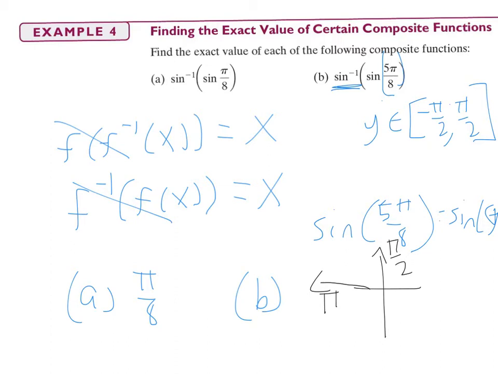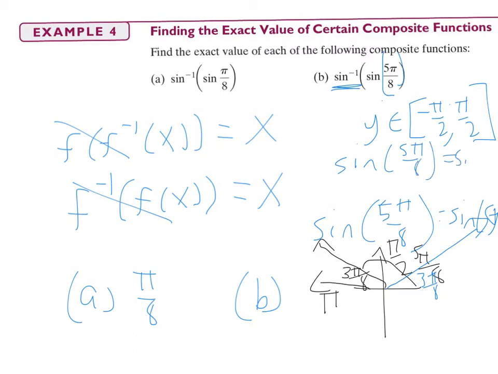Pi is on the negative x-axis, so you know it's somewhere in this angle. 5 pi over 8, you notice that's 3 pi over 8 above the x-axis, and since the sine is positive, you could go in the first quadrant and take the angle that's 3 pi over 8 above the x-axis. That would tell you sine of 5 pi over 8 is equal to sine of 3 pi over 8, because they're both 3 pi over 8 above the x-axis, and they're both positive.